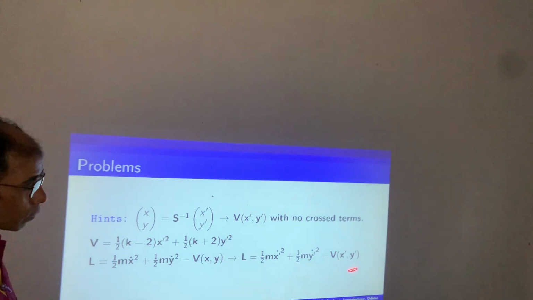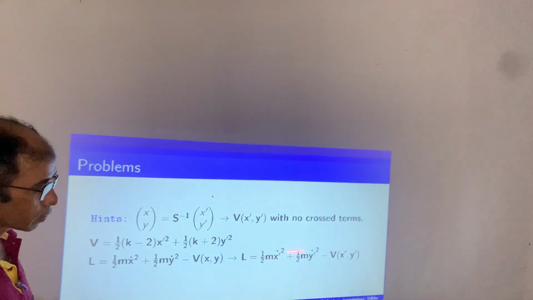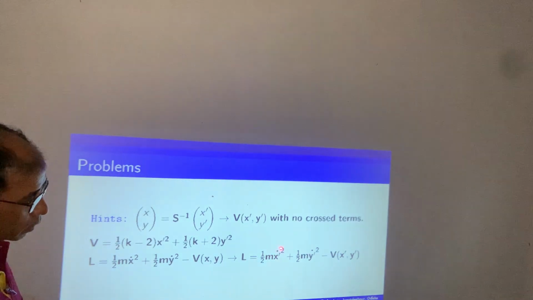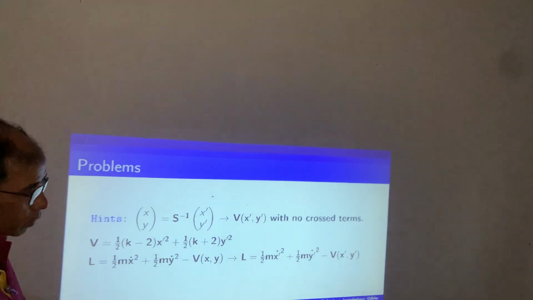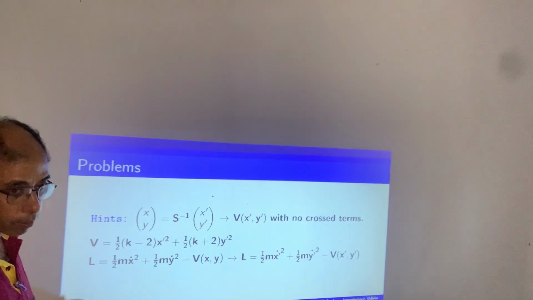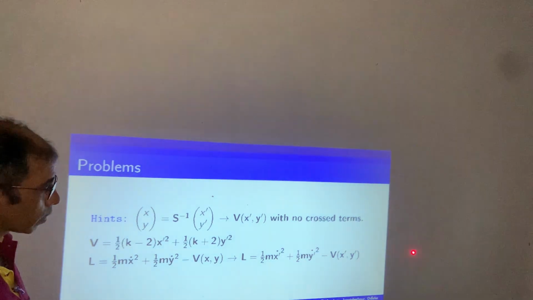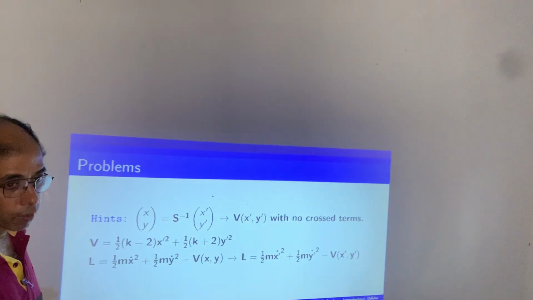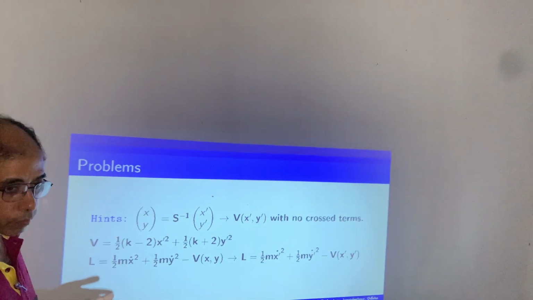And this whole system is now a system of two oscillators whose coordinates are x prime and y prime, and they are decoupled. There is no coupling between them. And from here you can easily find the normal modes of vibration of this system.